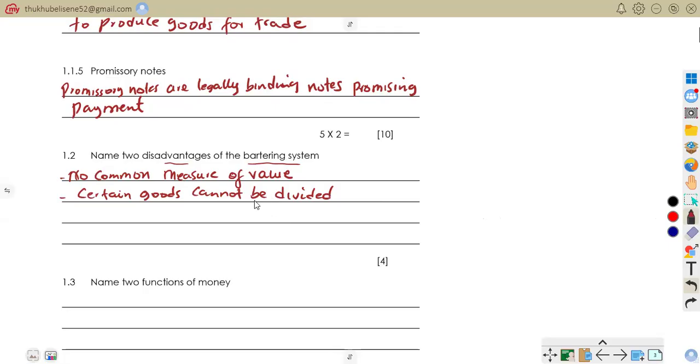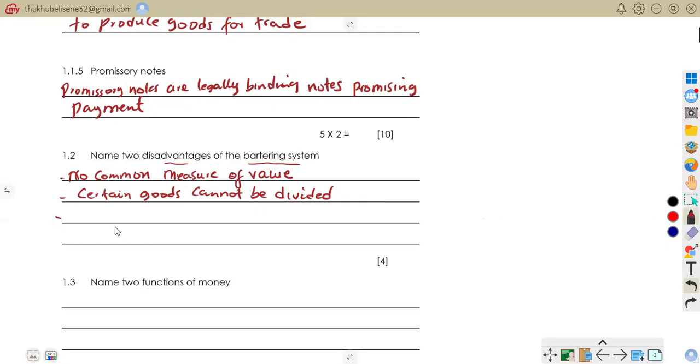For example, you cannot divide a cow into two if you only need half. So that is a drawback, a disadvantage of the bartering system.